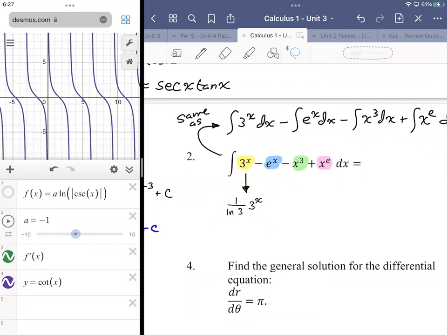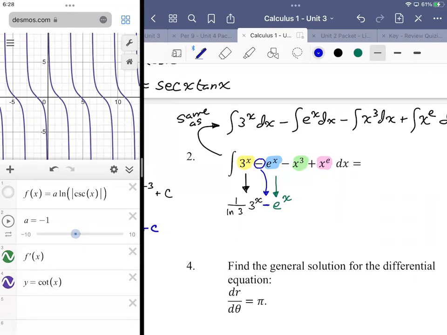My second piece, that's easy because the derivative of e to the x is e to the x, which means the antiderivative of e to the x is e to the x. They're separated by a minus, or at least the integrand is. So my antiderivative should be separated by a minus, right? X to the third power, that's a power relation.